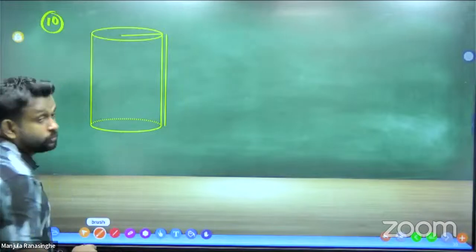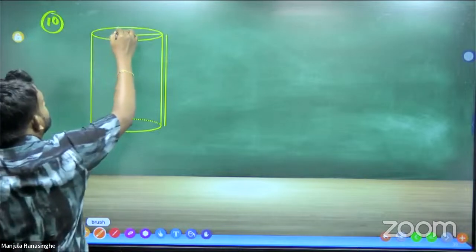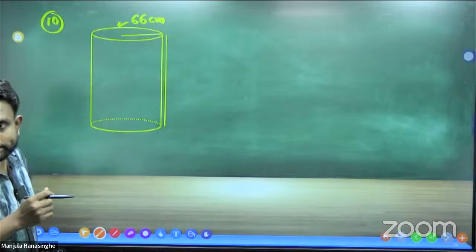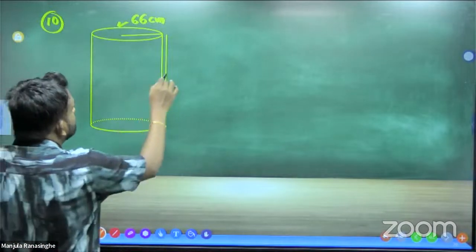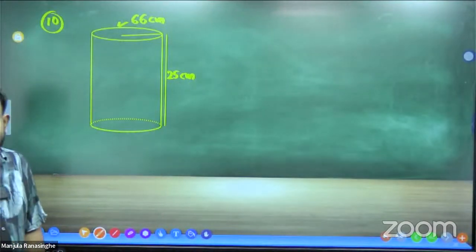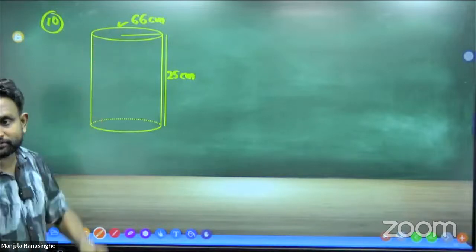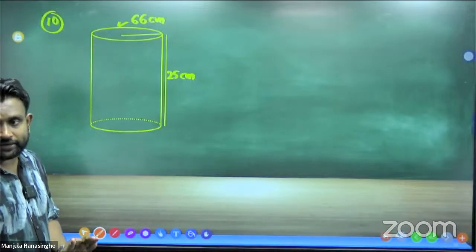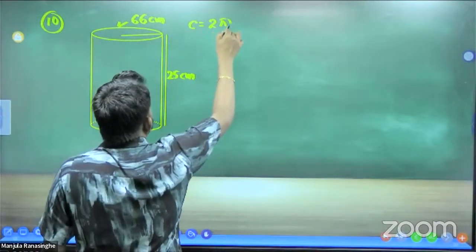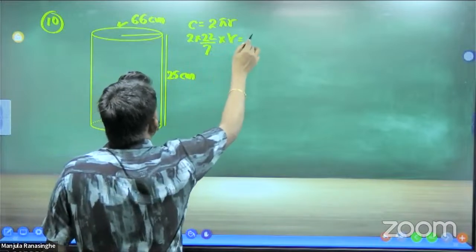The circumference of the base of the cylinder is 66 centimeters, and the height of the cylinder is 25 centimeters. That is the height of the cylinder. Find the base radius of the cylinder. Now, circumference is given and radius is asked. So how to find it? C equals 2πr, so apply. Now 2 into π into r, which is not known, equals 66.